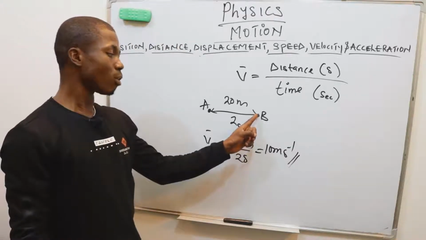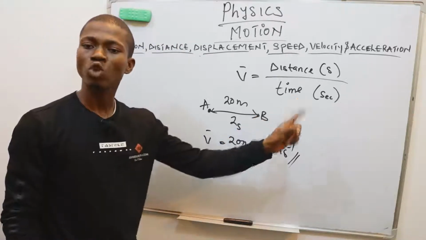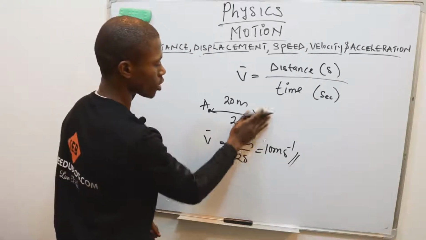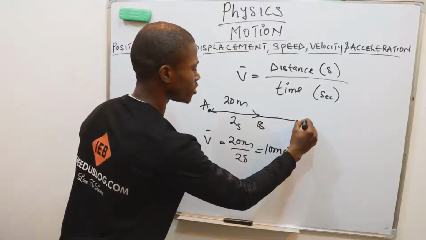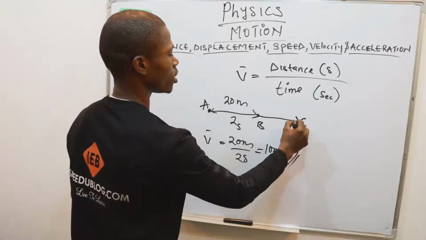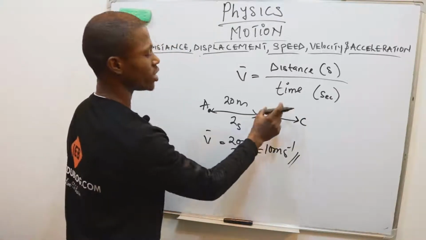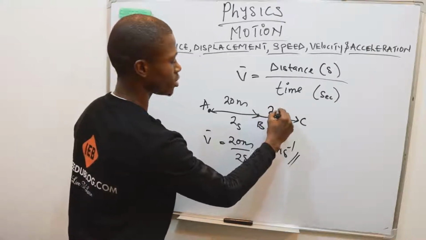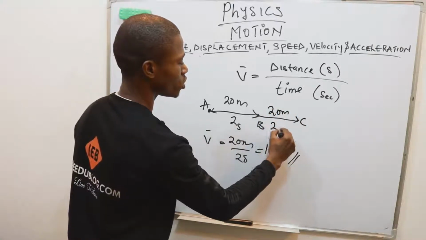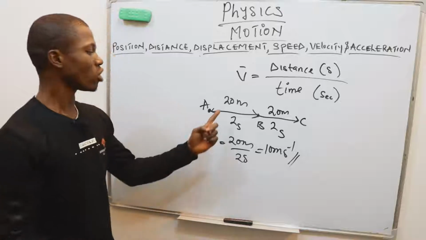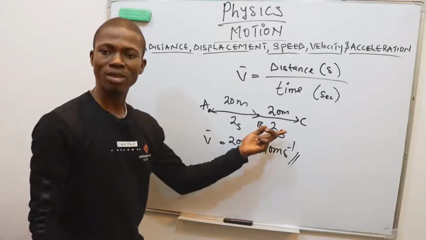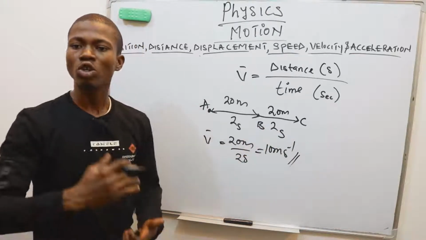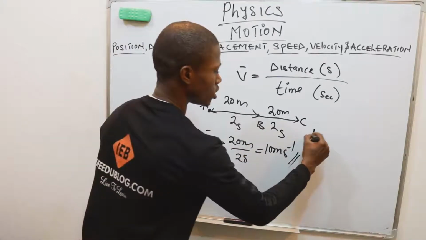But what if this body again moves from B to another position, C? This is B, and it moves from here to another place, which is C. It moves a distance of 20 meters again in 2 seconds. If you watch, it is moving with equal distance in equal time intervals, and this is what we call uniform speed.